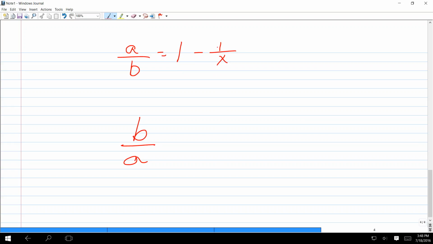What is 1 minus 1 over x? What's the lowest common denominator? X. So that's really what A over B is equal to, right?